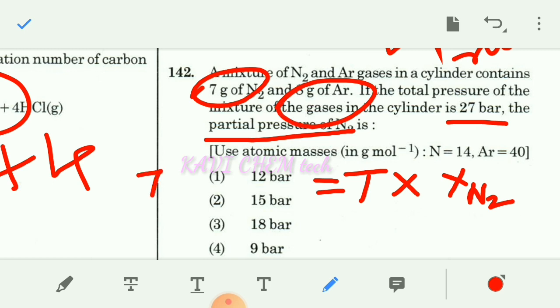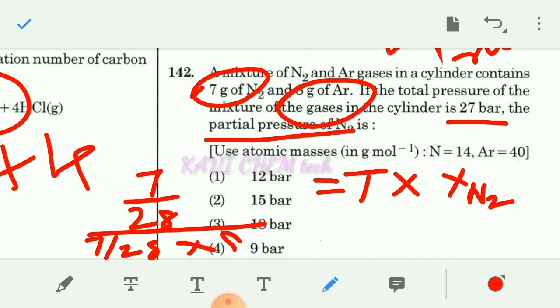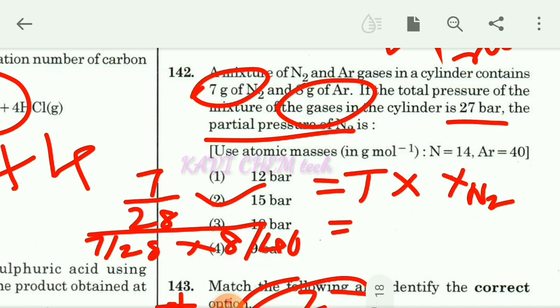That is 7 by 28, where 28 is the molecular mass of nitrogen gas, divided by the total number of moles. The total number of moles is 7 by 28 for nitrogen, and 8 by 40 for argon. If you simplify and multiply by the total pressure also, you will get the value of 15. So 15 bar is the answer.